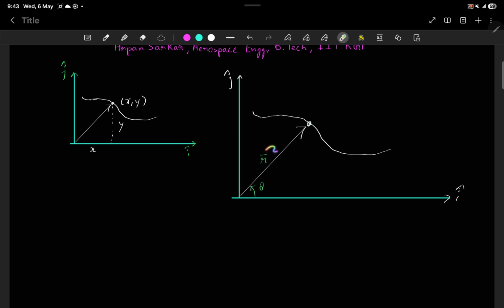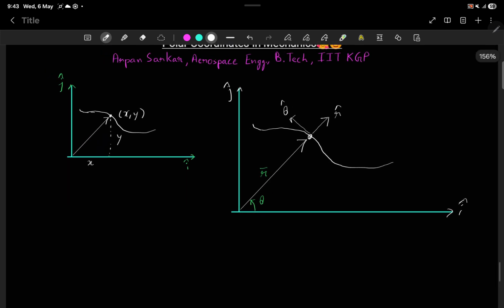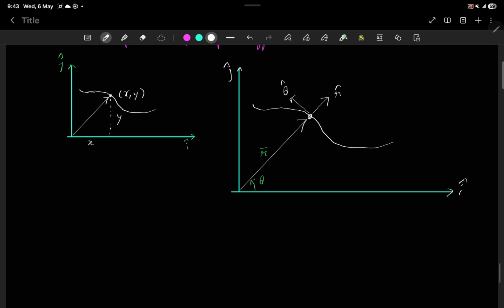Along this r vector I will have an r cap direction, and perpendicular to that I will define another direction, which will be known as theta cap. So what do these two mean?